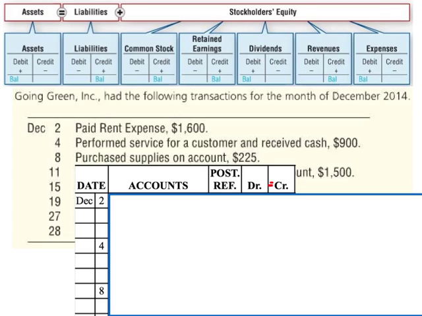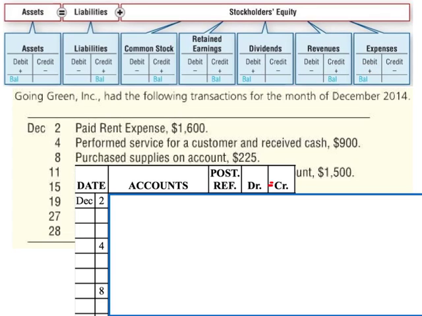Okay, so let's start with this first one here. We paid rent expense, $1,600. So we know we need at least a debit and a credit, and it's pretty easy to see something's going to happen to rent expense. If we're paying that, our expenses are going up. Well, if I'm going to increase my expenses, I need to debit my expenses.